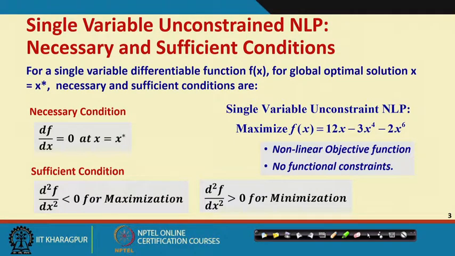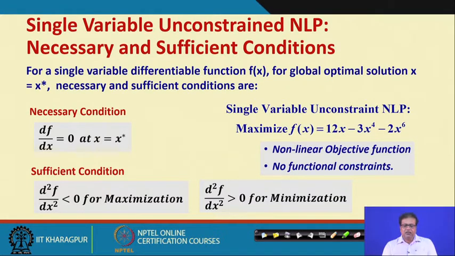If we have a single variable unconstrained nonlinear programming problem, with a single variable differentiable function f(x), then to find the global optimal solution x equal to x star, we have the necessary and sufficient conditions.